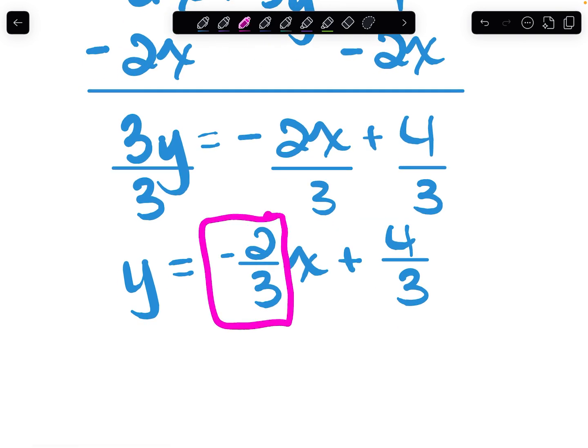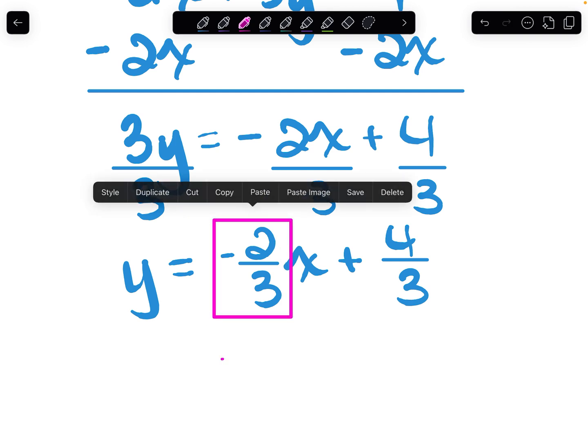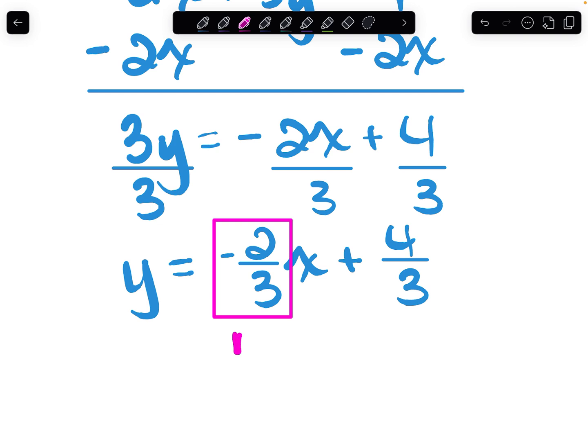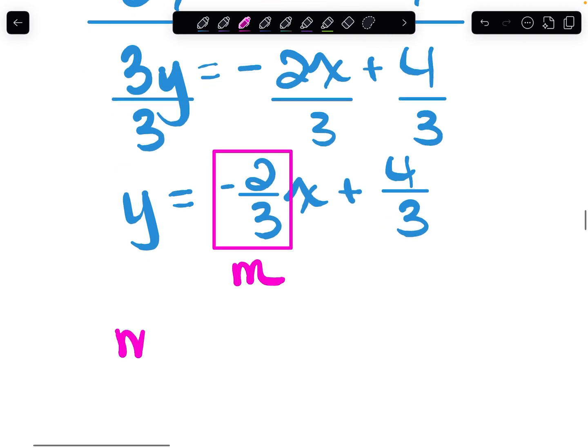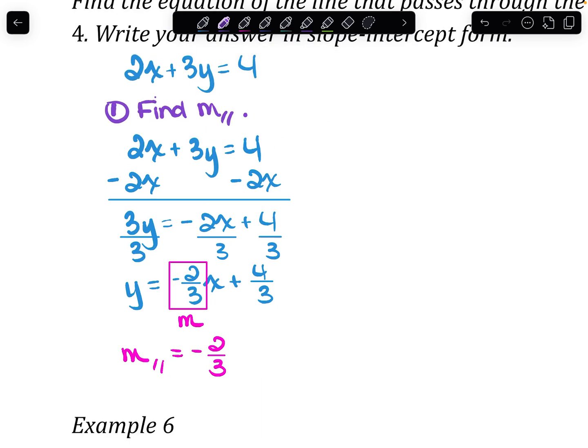This is the slope we were given. We need the parallel slope, and remember, parallel slopes are the exact same. So we're going to copy that exact same slope here. So that's step 1: we need the parallel slope, and we found it.